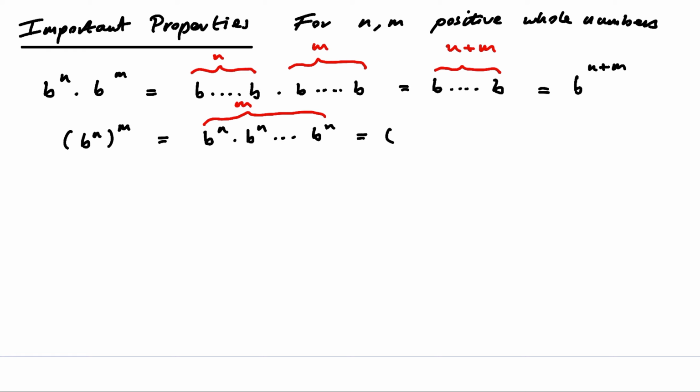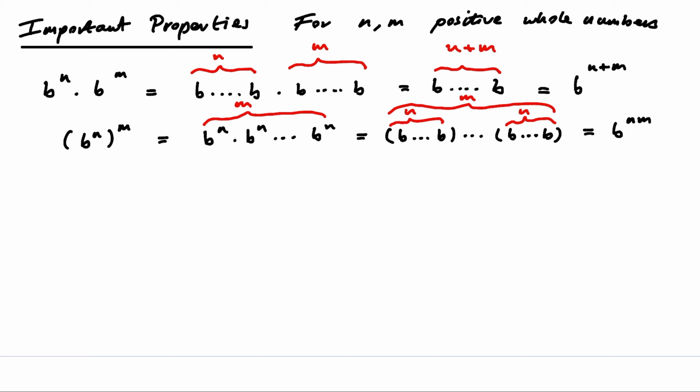So let me try my best to write this down. So what do I have here? This is n of these now for each of them. And then overall, there is m of these. So in total, what does that mean? Well, there's n added to itself m times. So that's the multiple of the two. So this is b to the n times m.